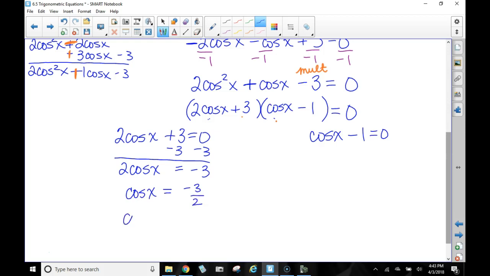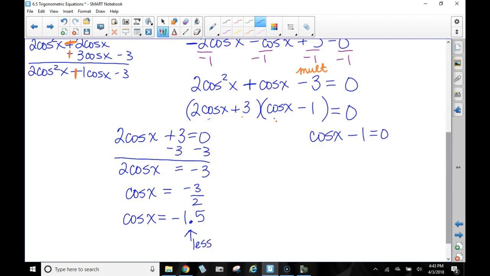You know what that is? Negative 1.5 if you want to write it in decimal form, and this is not going to be a number that will work out. There's not an angle that has a cosine value less than negative 1. Okay, let me write that instead.